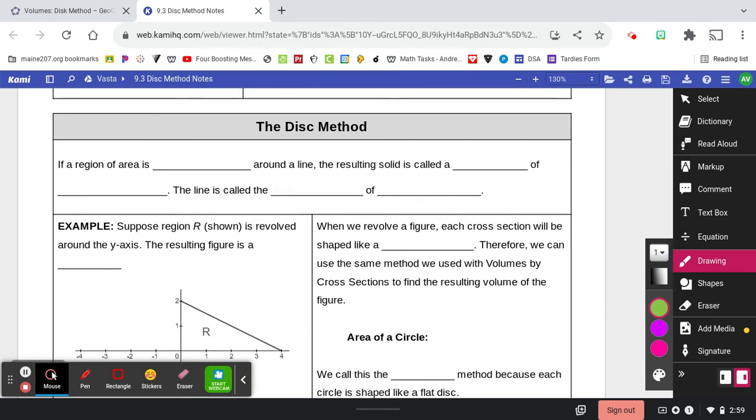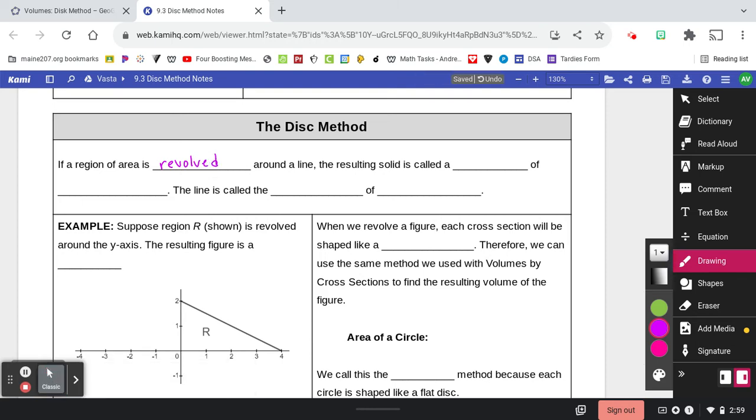So the disk method is the idea that if a region of area is revolved around a line, and it could be a line that's horizontal or a line that's vertical, the resulting solid is called a solid of revolution.